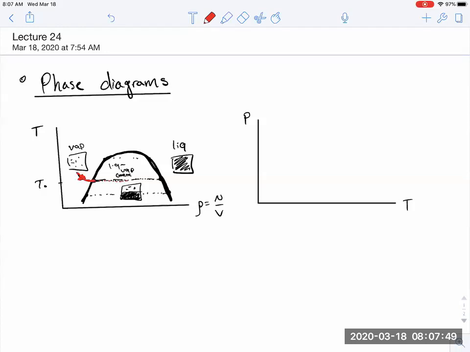I would see it condense, generating some amount of liquid until I got over here, in which case if I continued to cool that liquid down, I would have removed all the vapor, having only liquid left, and then the density of the liquid would just start to increase. This line, therefore, is an example of an isobar, a line of fixed pressure.